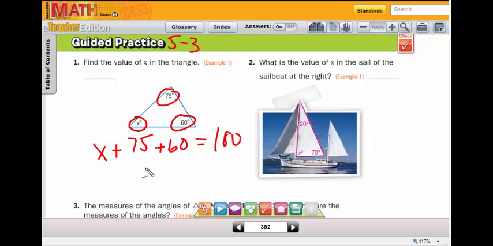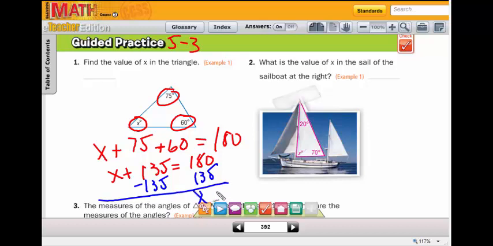Well, 75 plus 60 is 135, so x plus 135 equals 180. We're going to subtract 135 from both sides. Using our algebra rules here, we end up with x equals 45 degrees. So our answer here is 45 degrees.